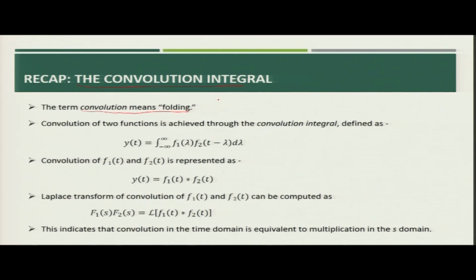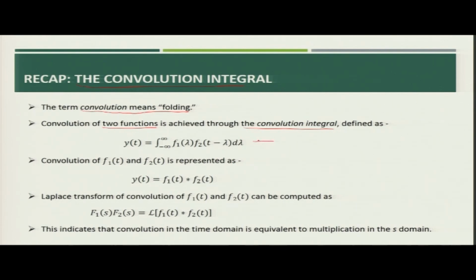Folding means we take the mirror image of one of the functions which will be part of the convolution integral, and then convolution of two functions is achieved through the convolution integral, which is defined as y(t) equals the integral from minus infinity to infinity of f1(lambda) f2(t minus lambda) d lambda.